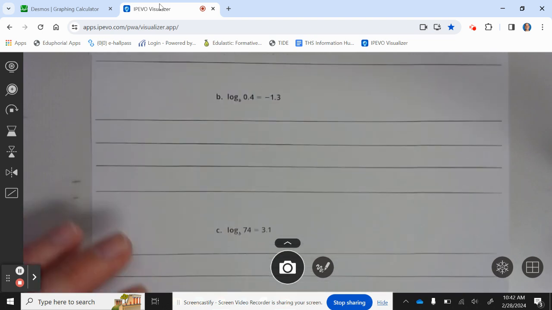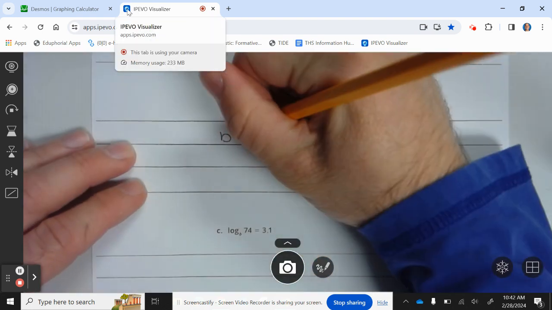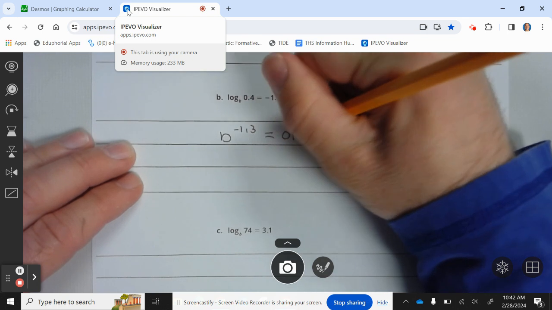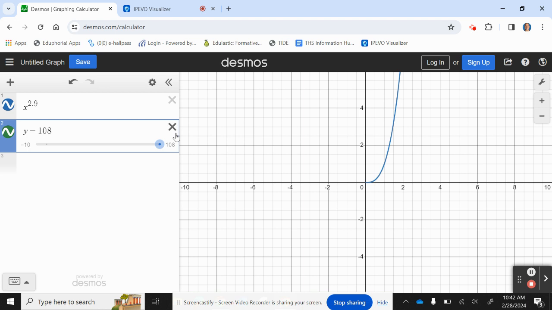Let's look at b. Okay, that can be written as b to the negative 1.3 equals 0.4. All right, I'm going to press the home screen, exit out of here.